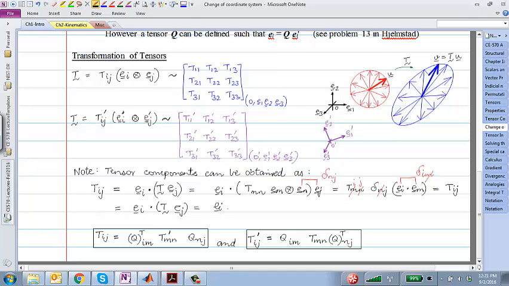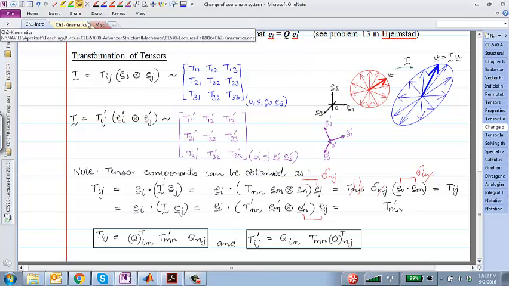So I will have Ei dot with, say, T prime mn, Em prime dyad En prime, and acting on Ej. What I get now is Tmn prime, and these would be dotted together. First question, is this delta nj? No, because one is prime, one is not prime, right? So this would be Qnj, correct?